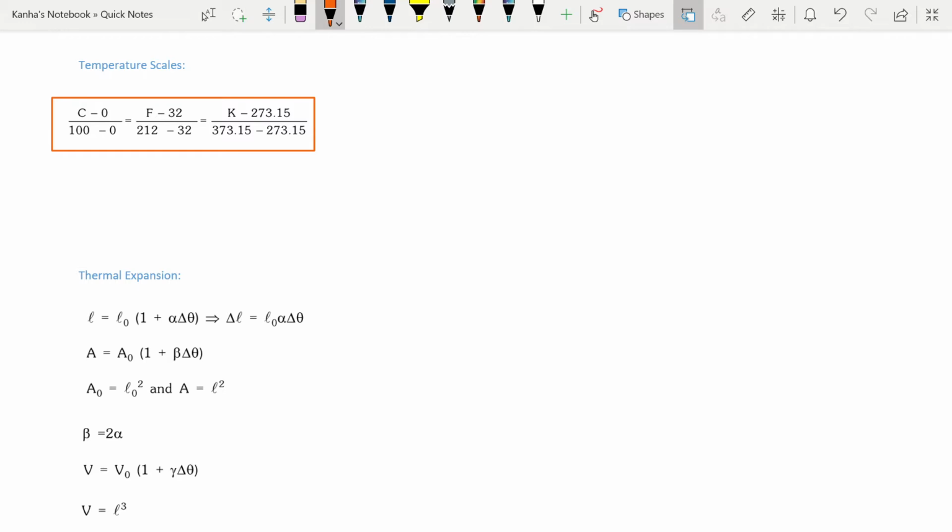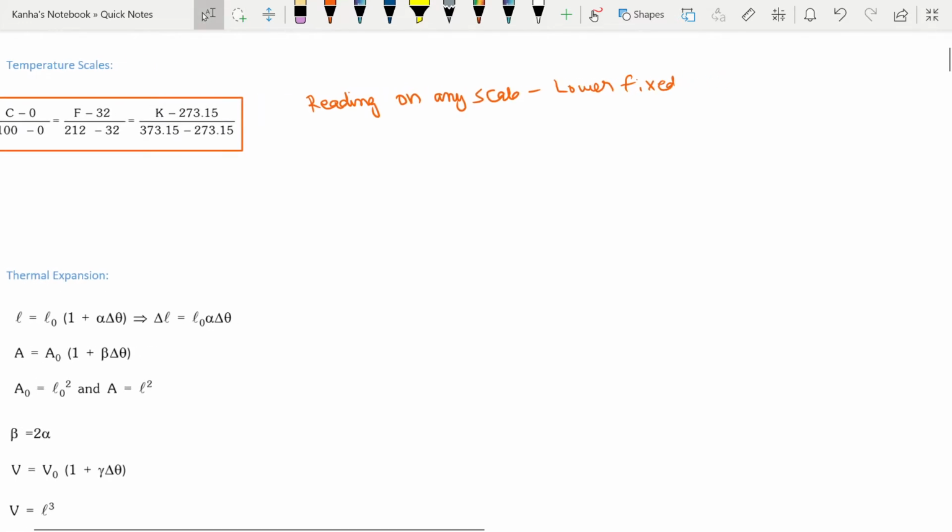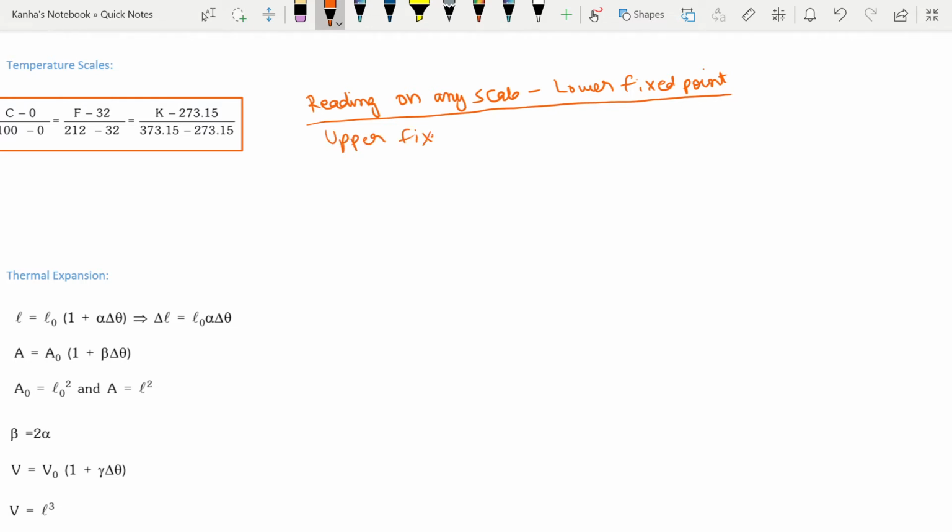which is a reading. The general thing is: reading on any scale minus lower fixed point, divided by upper fixed point minus the lower fixed point.